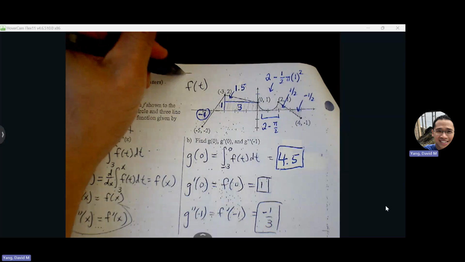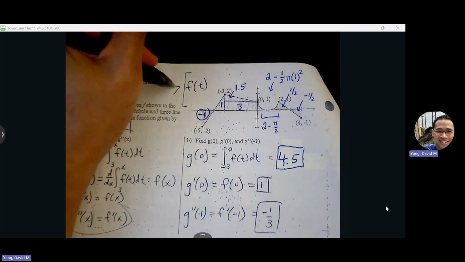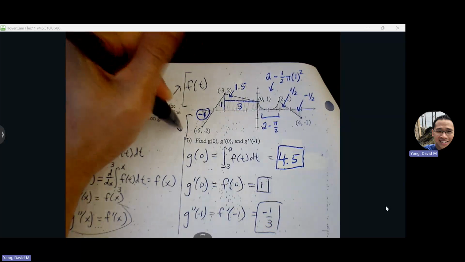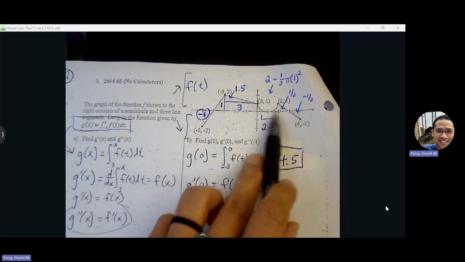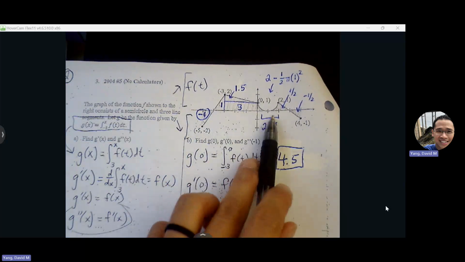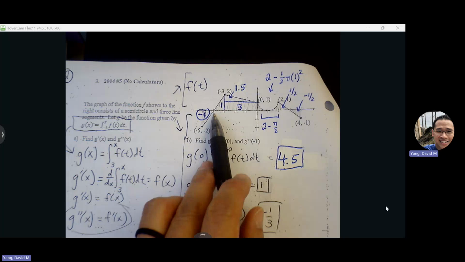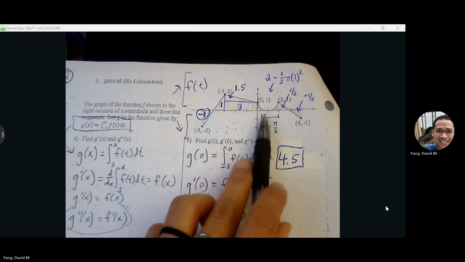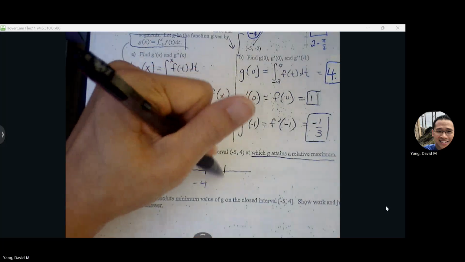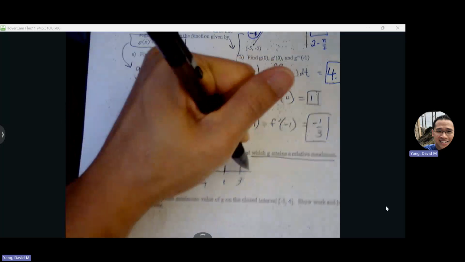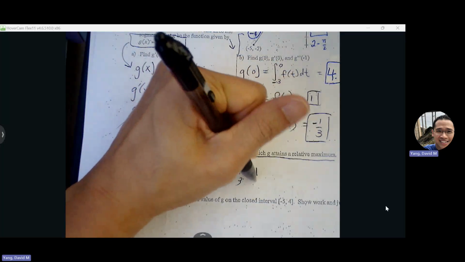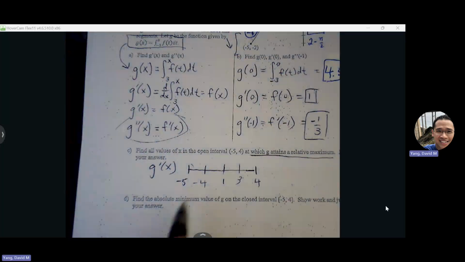A derivative graph means above the x-axis means positive slope, and below means negative slope. On the x-axis is where your slope 0 is going to live. So I'm going to pick out my x-intercepts, which are -4, 1, and 3. And I can also put my endpoints as well, since they do establish endpoints for us. -5 to 4.